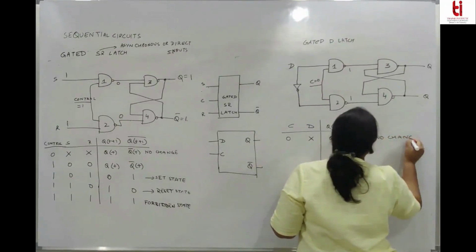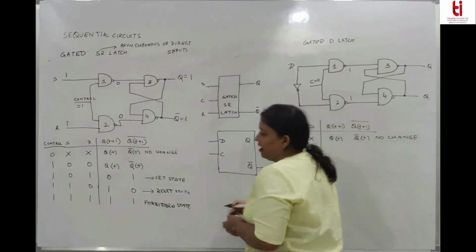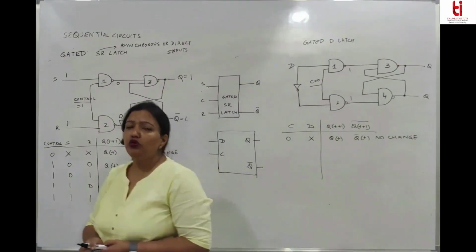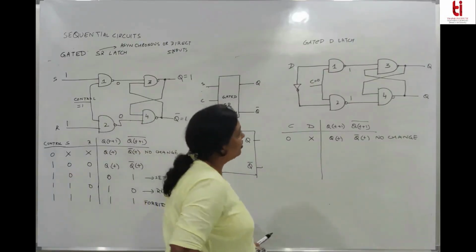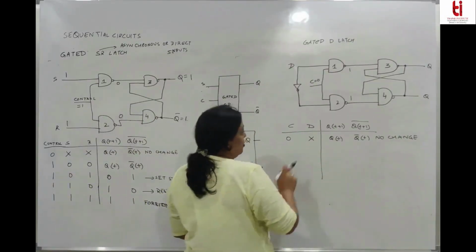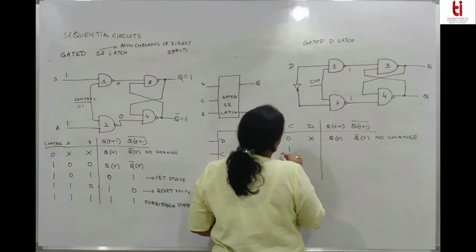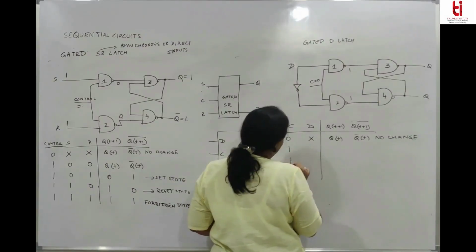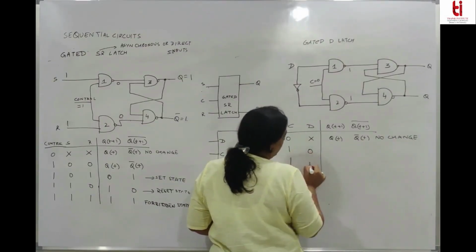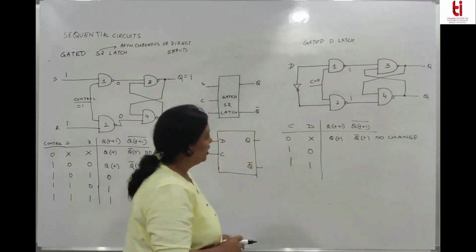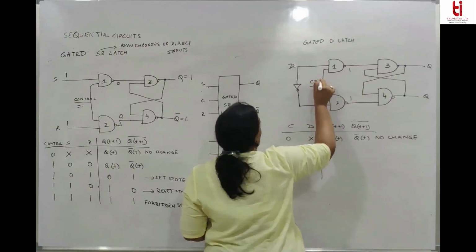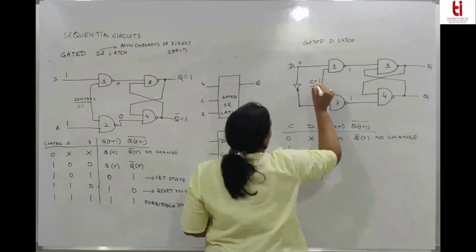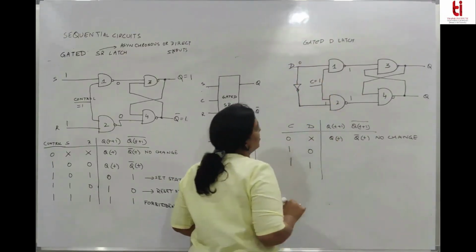No change state. So whenever we don't want to change the state of the flip-flop, you can make use of this particular position. When control goes 1, either D will be 0 or D will be 1. When control goes 1, D is 0, so this will be 1.